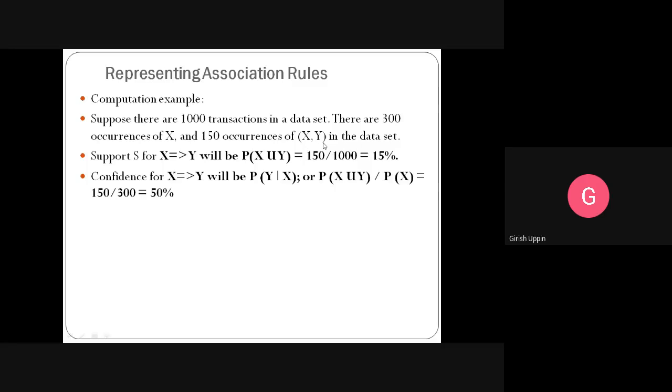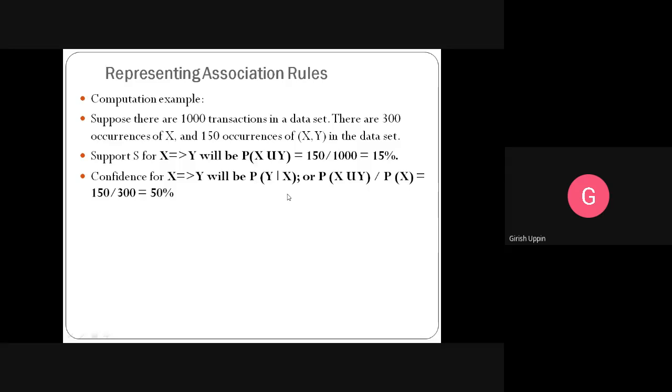If I make the rule X implies Y, meaning milk implies bread, then the support is P of X union Y, the 150 times X and Y are present together, divided by the total number of transactions. 150 divided by 1000, the support is 15%.